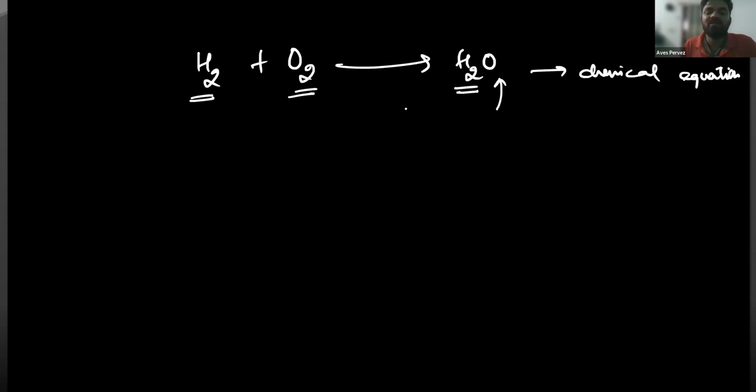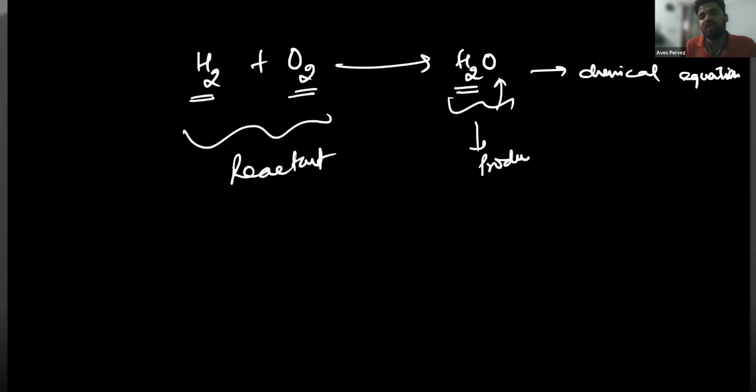So here there is something missing. What is missing? The law of conservation of mass: the total number of atoms on the reactant side, and this is called the product side.